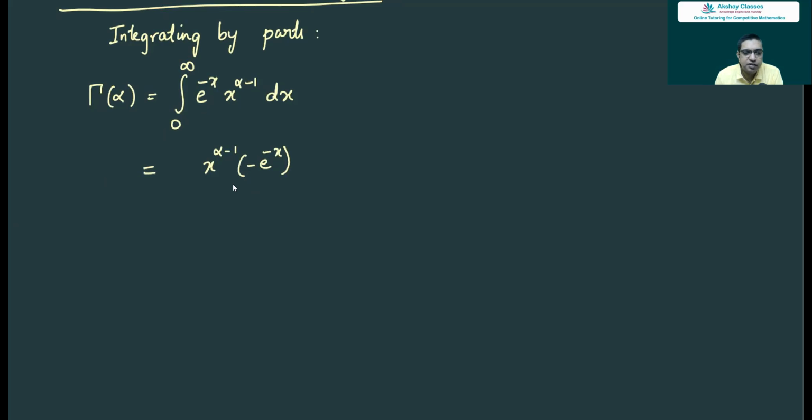That will be minus of e power minus x, minus integral of the derivative of the first function, that is alpha minus 1, into x to the power alpha minus 2 into minus e power minus x dx.